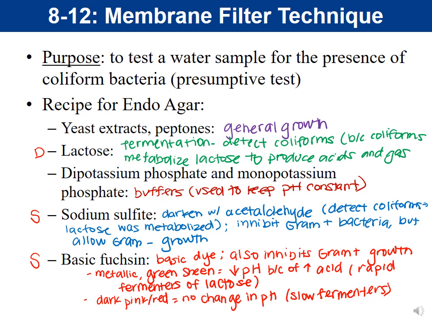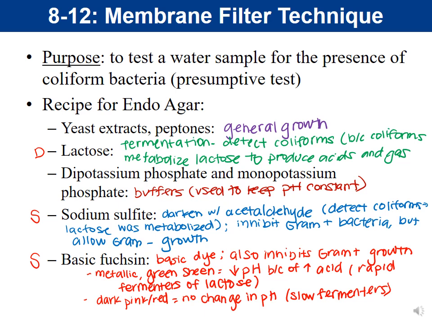That's how we're distinguishing between coliforms and non-coliforms, because on our plate, we have all gram-negative growth, but we need to still know if they are coliforms. And so our differential ingredient that's in the media is going to be the lactose. Now, anything that grows is gram-negative, but we need to be able to distinguish coliforms from non-coliforms.